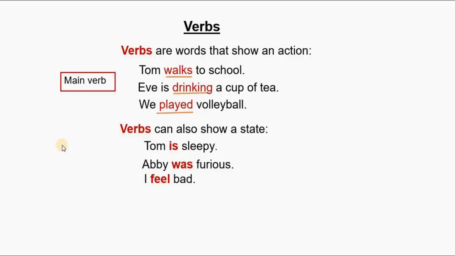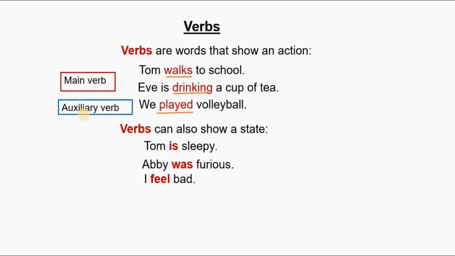But there is also another verb here. Is. This is, in fact, a verb to be. It's the third person singular of the verb to be. Is. But this is not a main verb. This is an auxiliary verb. Auxiliary means help.